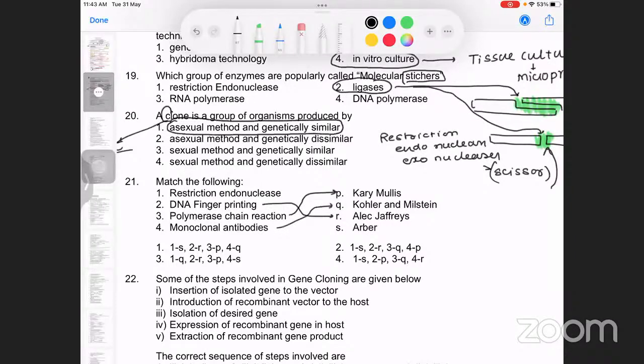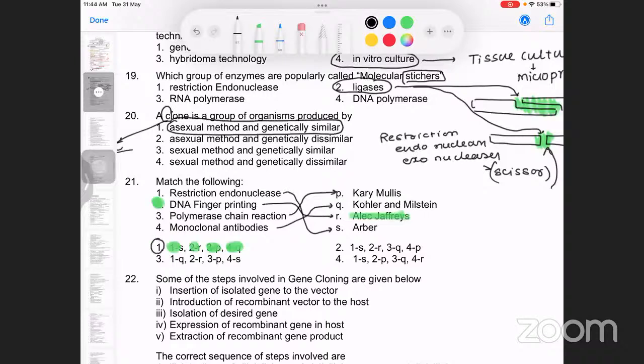Okay, that means restriction endonuclease was given by Arber. So in the options, DNA fingerprinting was given by Alec Jeffreys. Polymerase chain reaction by Kary Mullis, that is 3 P. Monoclonal antibodies, that is Kohler and Milstein, whereas restriction endonuclease by Arber. So here the option is 1.